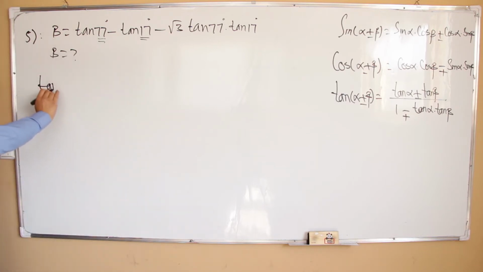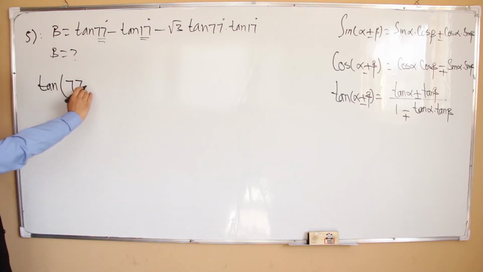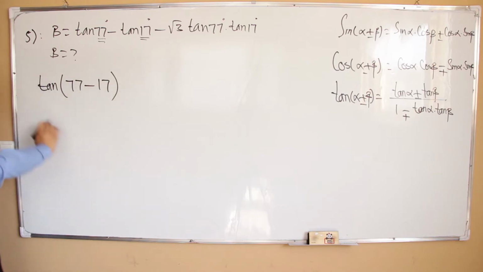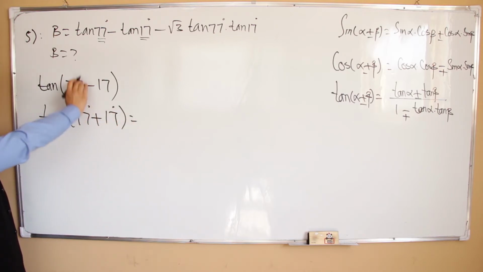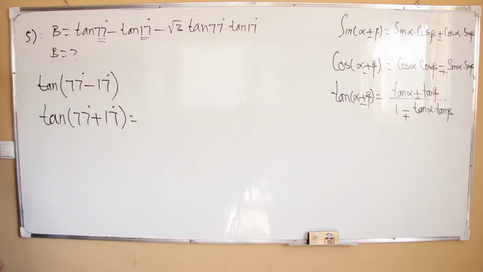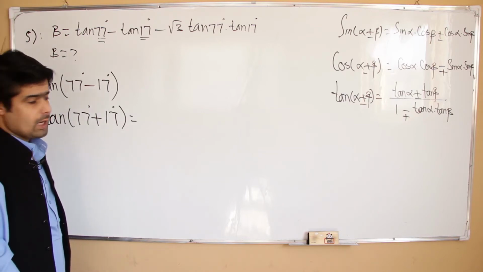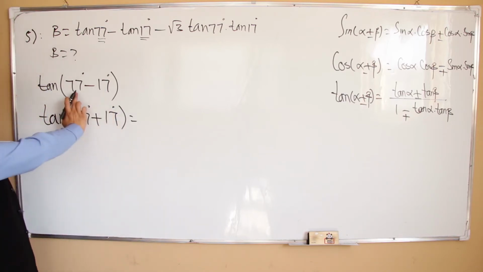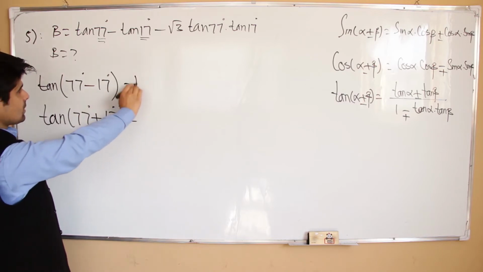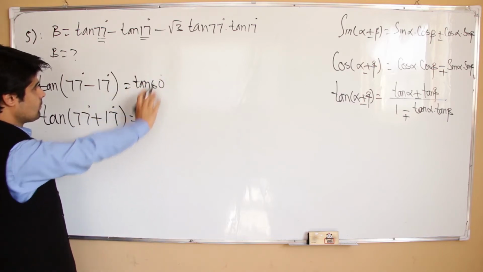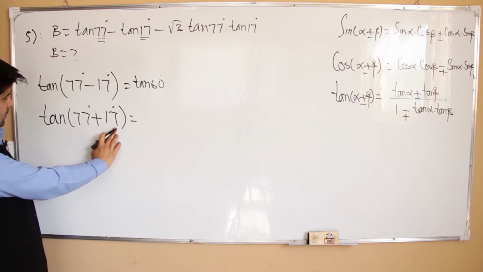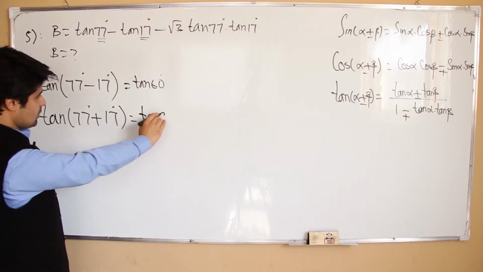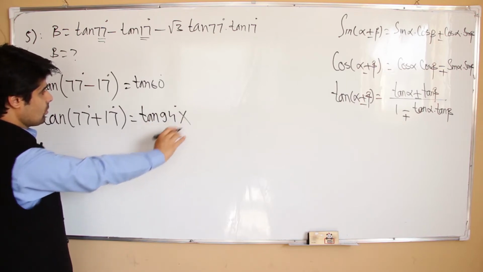So if I define tangent 77 minus 17, or if I define tangent 77 plus 17, from which relation do you think it will be correct? I think the first one. Why? Because 77 minus 17 is 60, tangent 60 that we know. But 77 plus 17 would be tangent 94 degree that we don't know.